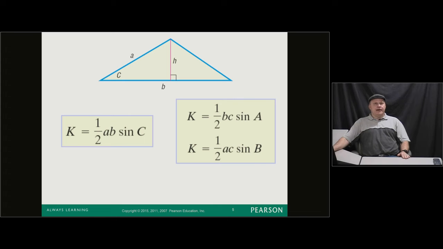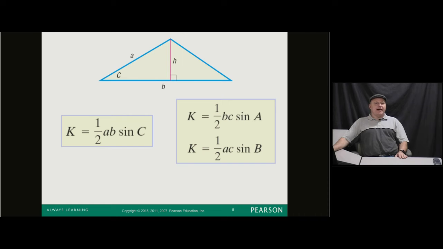Now remember, the area formula is 1/2 base times the height. The base is B, and the height was A times the sine of angle C. So basically, I'm taking out the height altogether and replacing it with the sine of that angle times the hypotenuse of that side.